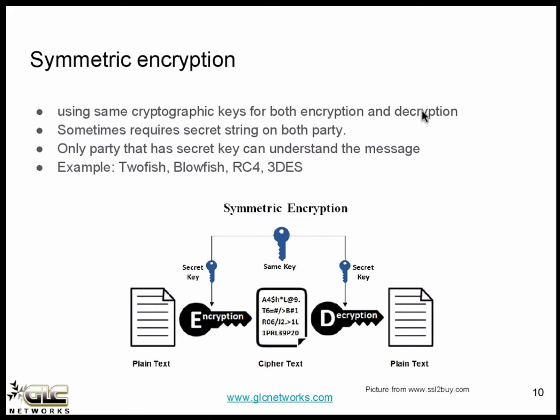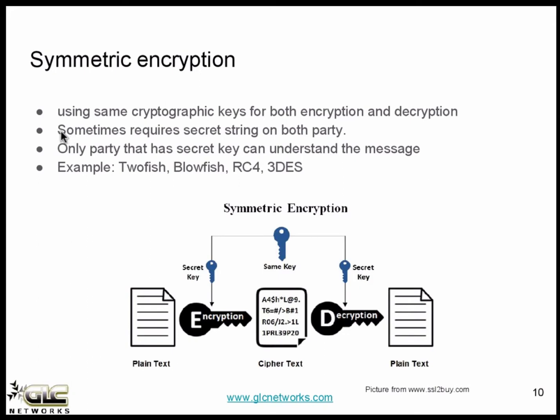Same algorithm, same key. You can think of the key like a password: the same password to encrypt and decrypt. If the password is 123 to encrypt, the password is 123 to decrypt. It's similar to putting a password on a PDF or a zip file. That is symmetric encryption.